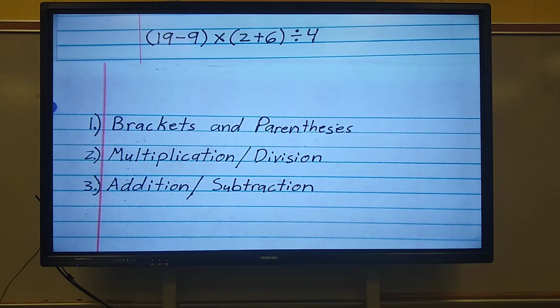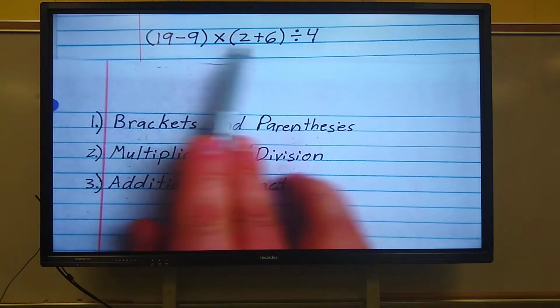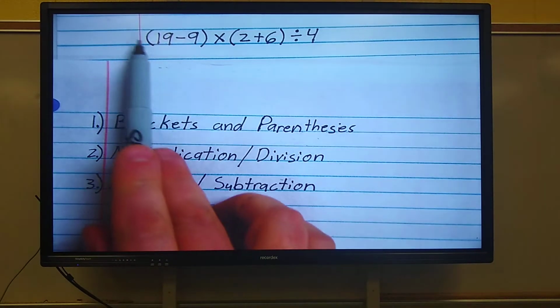Pause the video. All right, let's see how good you did. Brackets and parentheses. No brackets. I do have 2 sets of parentheses, but I solve them from left to right.